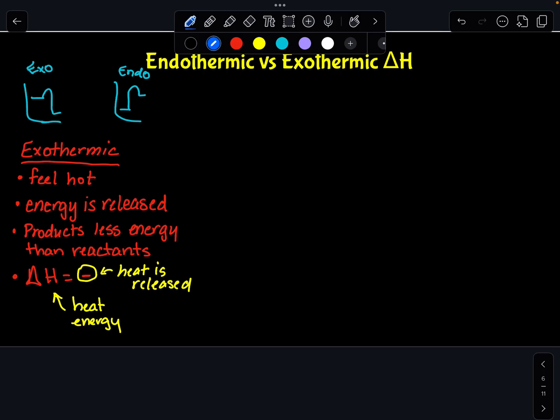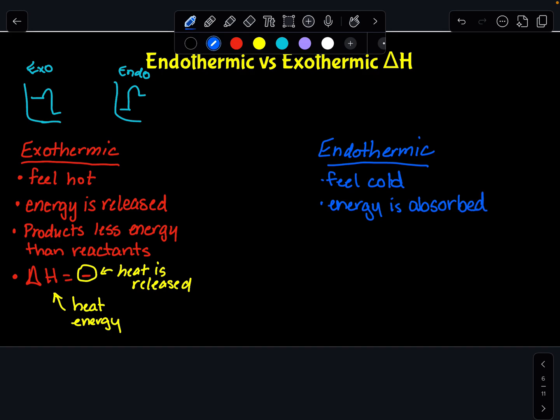On the flip side, endothermic reactions have the following characteristics. They tend to feel cold to the touch. So vinegar and baking soda will feel cold if you mix them together. Energy is absorbed. The heat energy is taken from the surroundings and put into the system or into the reaction.